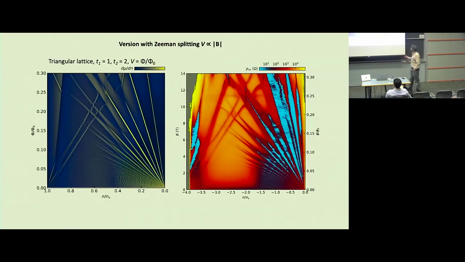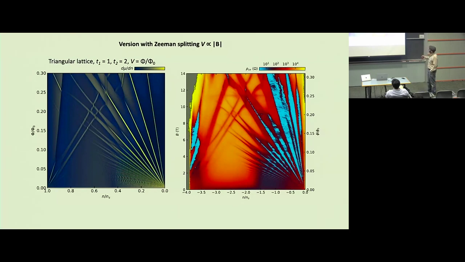So this is now still not a proper Bistritzer-MacDonald calculation. This is just a calculation of compressibility for a system now on a triangular lattice, just to be a bit closer, and you see a factor of 2 anisotropy between hopping in 2 directions, and a Zeeman type splitting between the two sets of electrons.